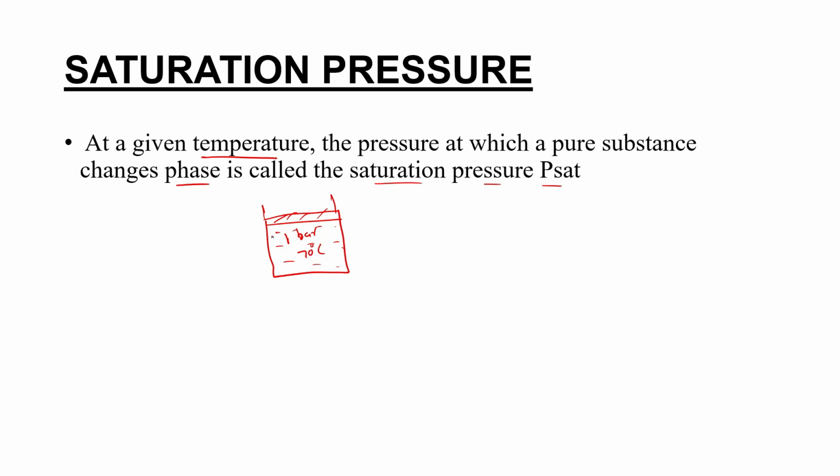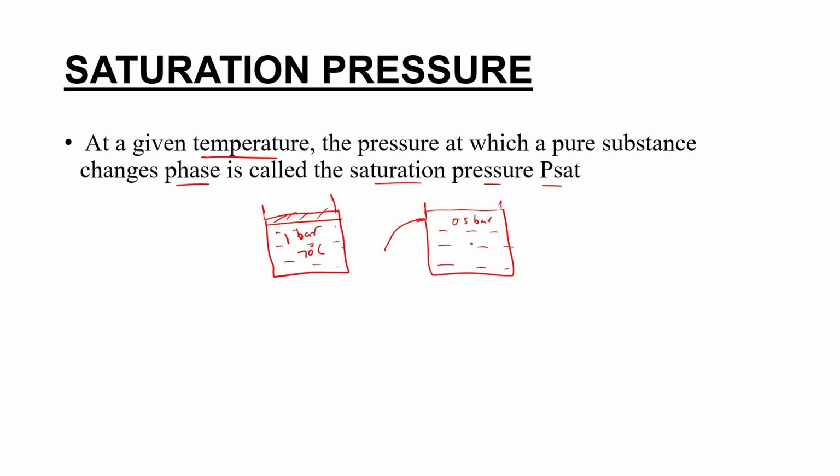So another way is to reduce the pressure here. Okay, so here you can see that if you take this vessel, this is a liquid. So if you remove all this air, if you reduce the pressure here, so that means pressure will come down to maybe 0.5 bar.